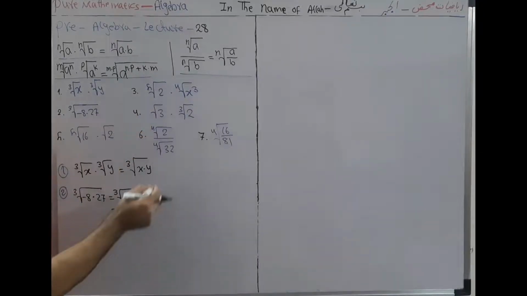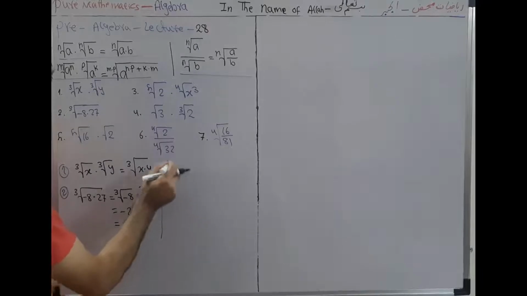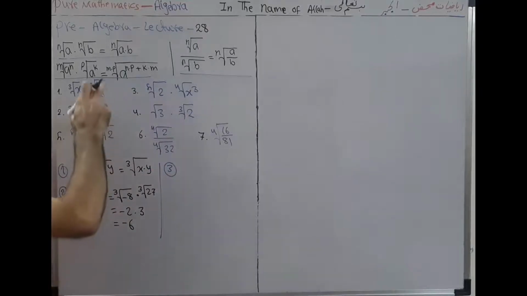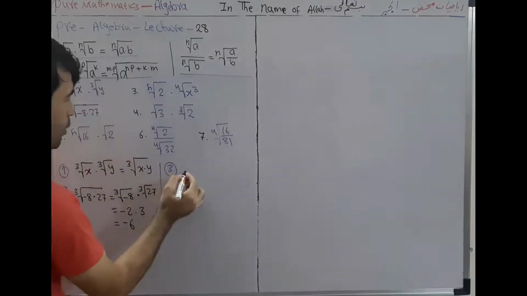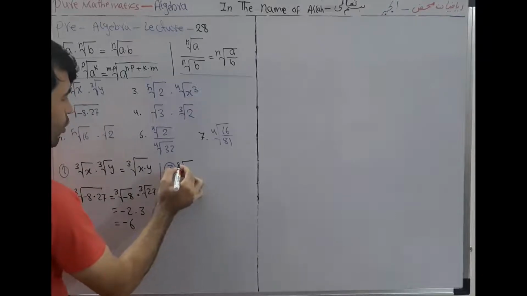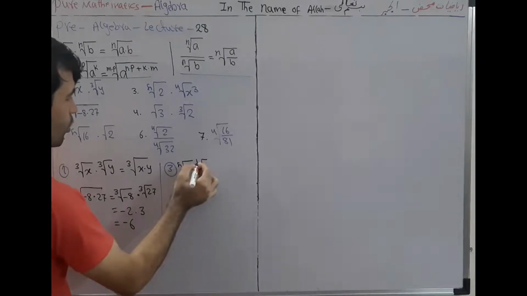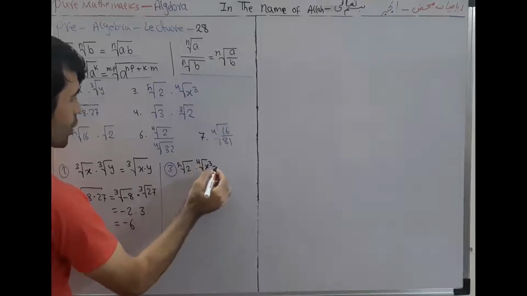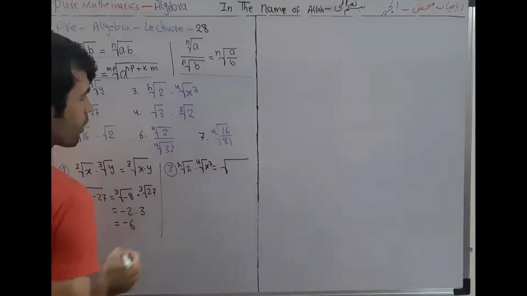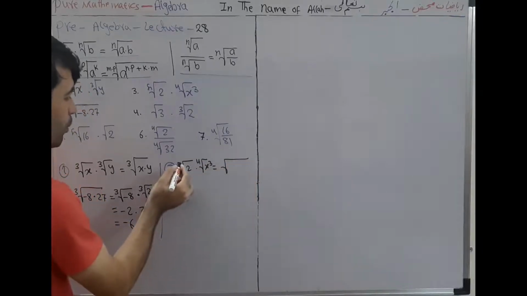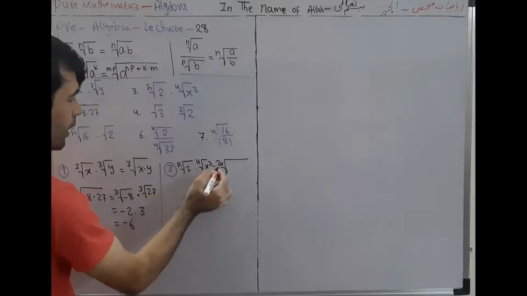Question number 3. We use this rule. Then we solve that question. The fifth root of 2 multiplied by the fourth root of x cubed. It is equal to, we write one root, multiply the indices, 5 multiplied by 4, 20.